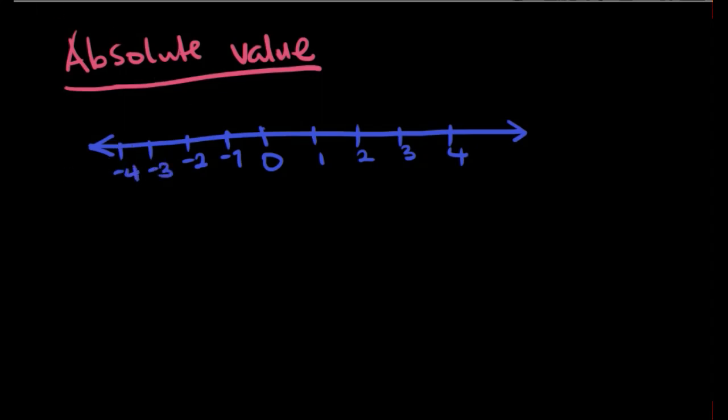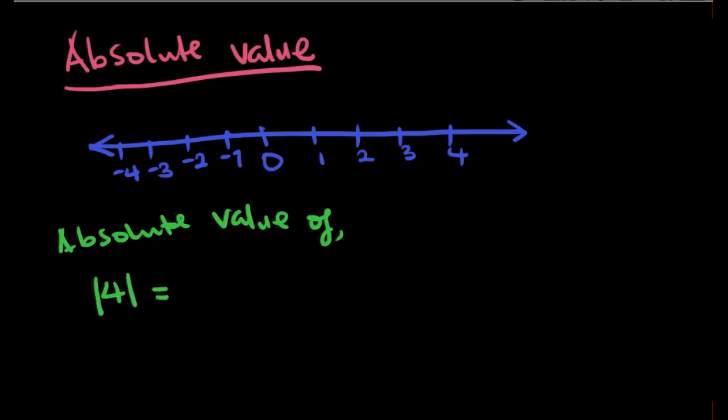Now if I say, what is the absolute value of 4? The absolute value of 4 will be 4. In other words, we are looking at the space that is between 0 and 4. That will be 1, 2, 3, and 4. So the absolute value of 4 is 4.